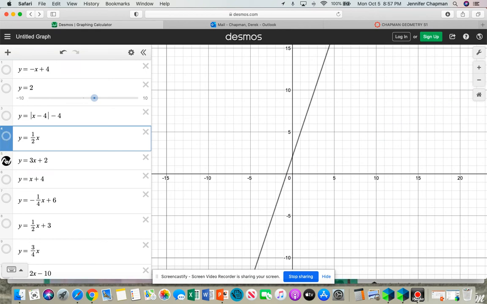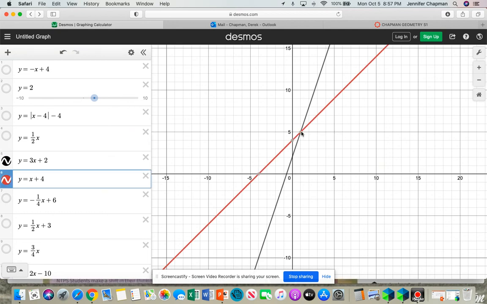Number 11, 3x plus 2 is the left side of my equation, equals x plus 4, the right side. You could see these are both linear functions. They only cross one time, and it looks like they cross at (1, 5). So x equals 1 or (1, 5) would be perfect.